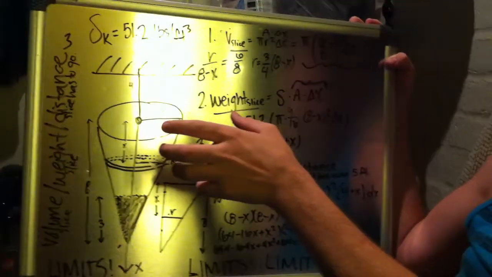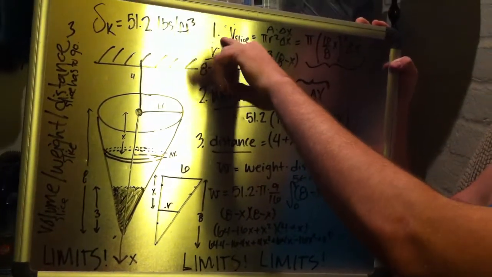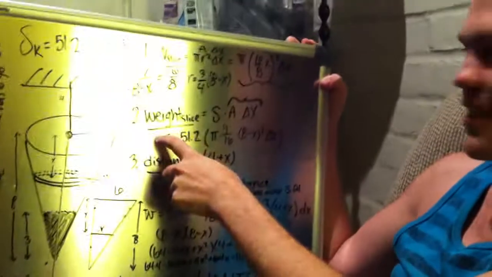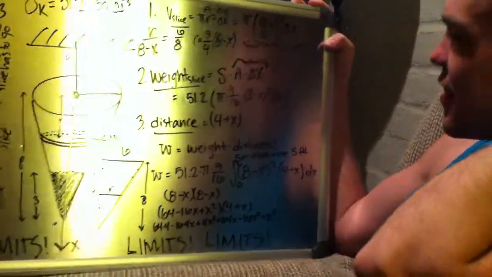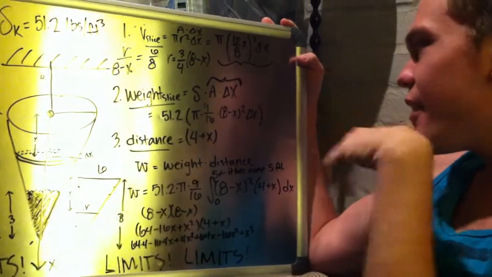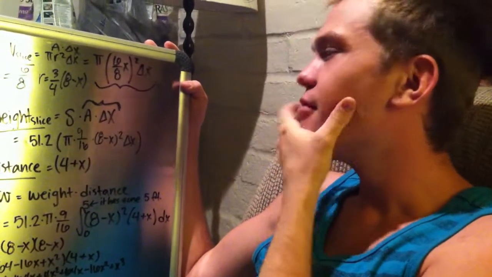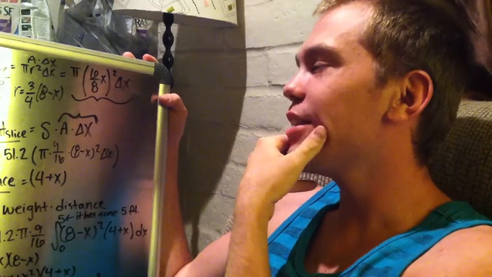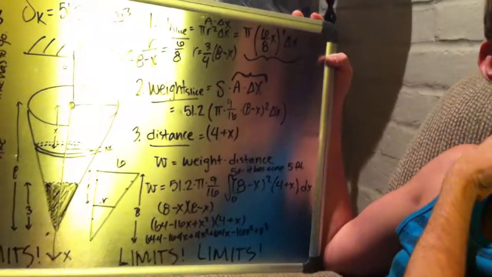Okay, number 2. Step 2. Oh, that's volume. V, volume, right? Weight is found by the squiggly times A times delta x.